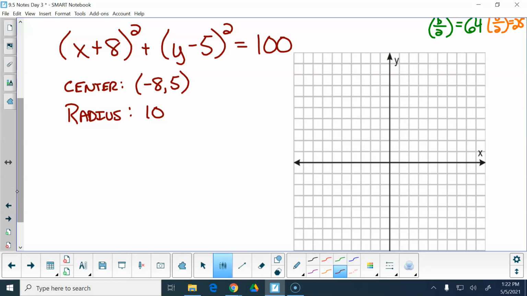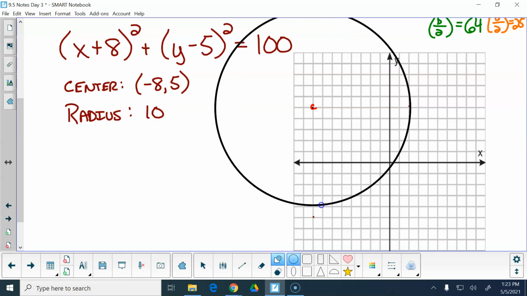So negative 8, comma 5 is right there. 2, 4, 6, 8. Yep, 5. Then we gotta go tens. There. There.